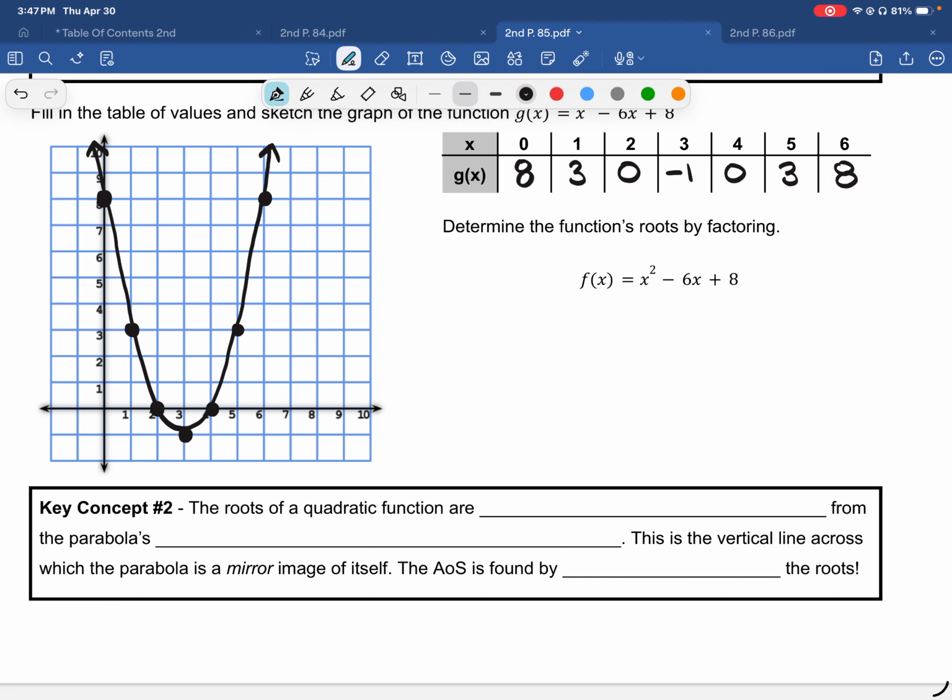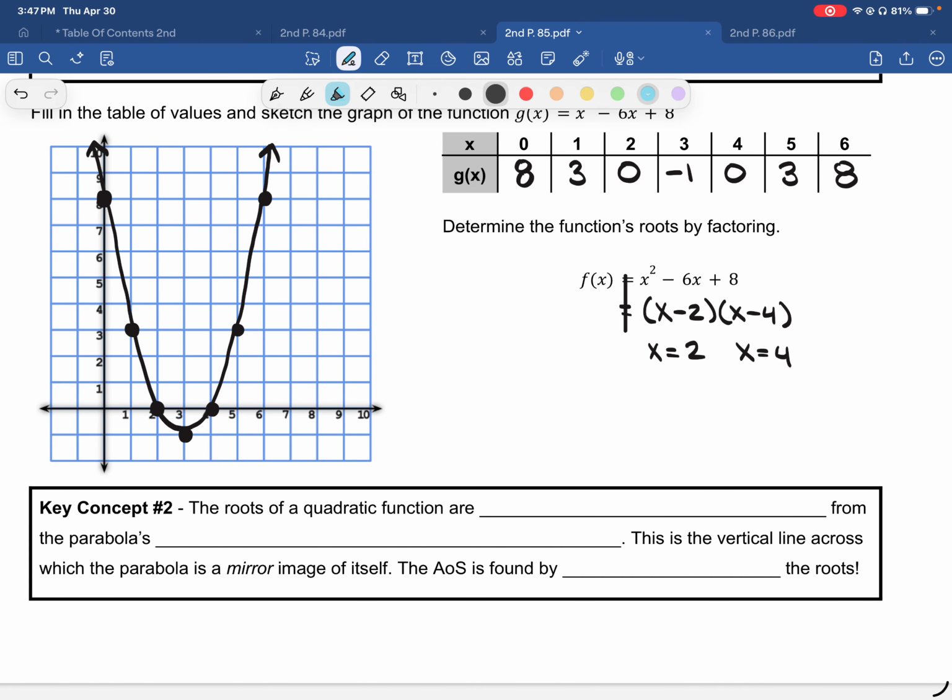Okay. Let's factor this guy as well. The factors of 8 that add to -6 would be x minus 2 and x minus 4, which gives me solutions of x equals 2 and x equals 4.